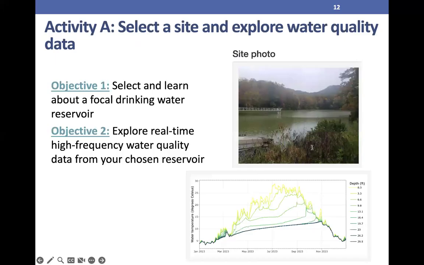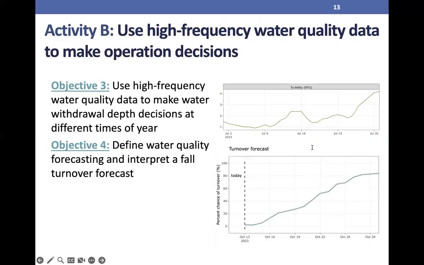I'll now give a brief overview of the module activities. In Activity A, you will complete 2 objectives. First, you will select and learn about a focal drinking water reservoir. Second, you will explore real-time high-frequency water quality data from your chosen reservoir. In Activity B, you will use high-frequency water quality data to make water withdrawal depth decisions at different times of year.